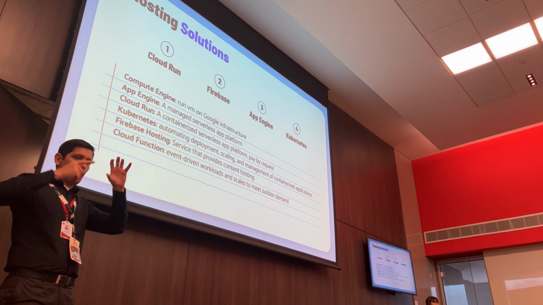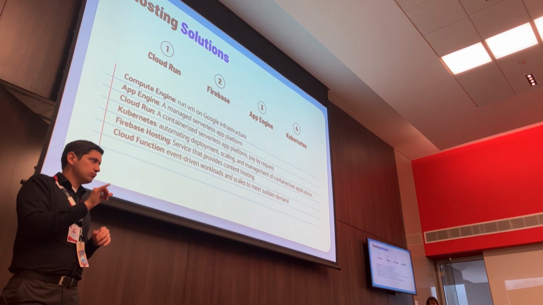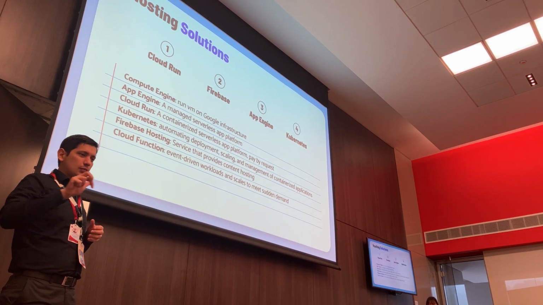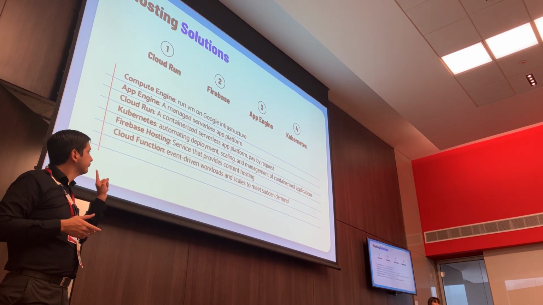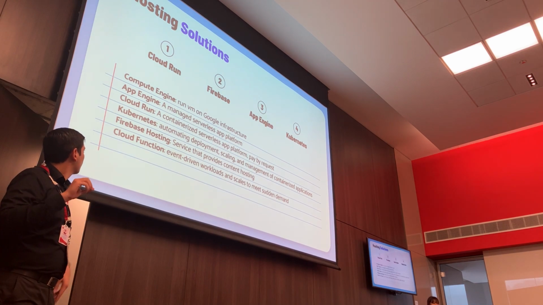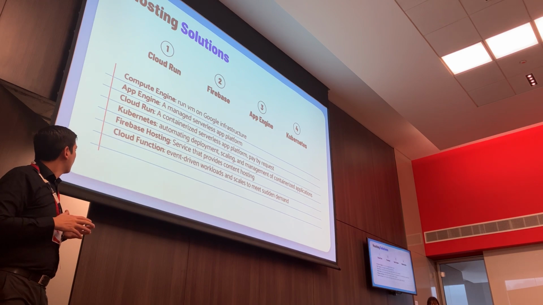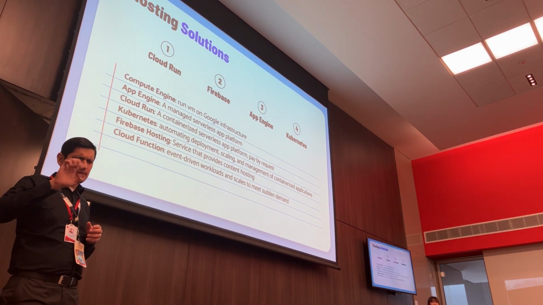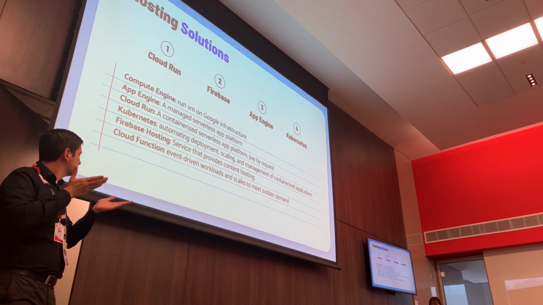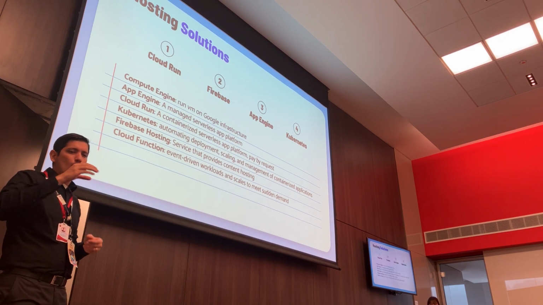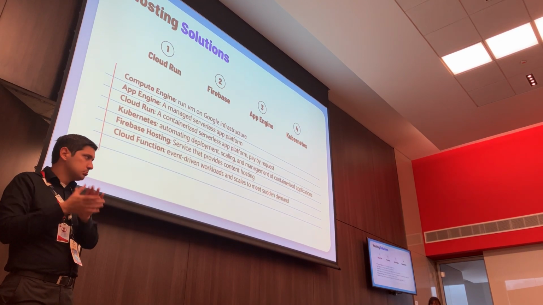Those two are very similar; they are managed serverless app platforms, although Cloud Run charges you per request, while App Engine charges you by the container that you use. And you have Kubernetes, Firebase, and Cloud Functions. I will talk a bit more about Firebase hosting and a little bit more about Cloud Run.